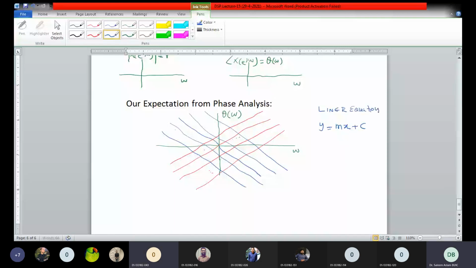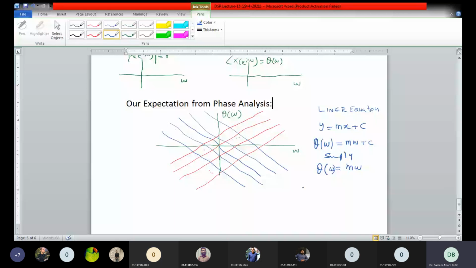So we want that our phase response theta of omega should be m omega plus c, or simply, if we simplify, theta of omega should be m omega, right? ठीक है बेटा? Yes, sir. So what will be the derivative of linear equations?